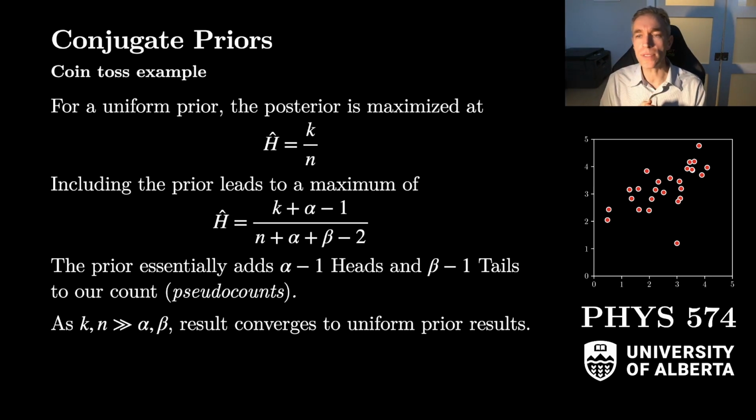Essentially, the prior distribution is modeling the case where we have done the experiment already and we've come up with alpha minus 1 heads and beta minus 1 tails, and then we're going to start with the real data. And you'll notice that as k and n get very large compared to the alpha and beta counts, this converges to the uniform prior result.